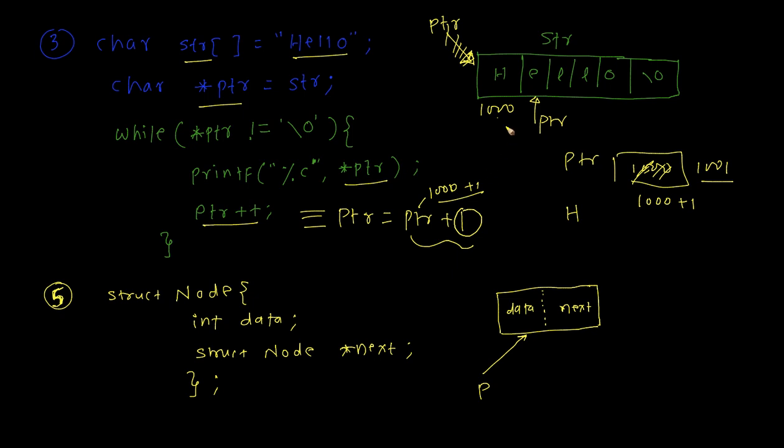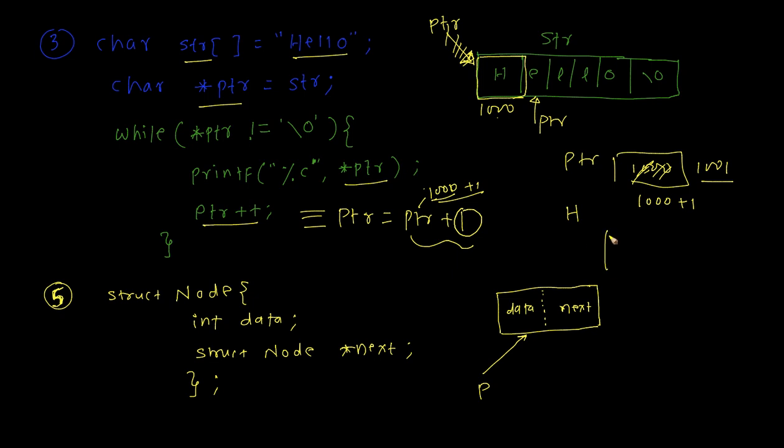What will happen is, if this is a location of 1 byte, then when I do PTR plus 1, PTR will go to the next location. I'm not adding 1 to this 1000. Now, to understand this another way, let's say this is a 4 byte location.